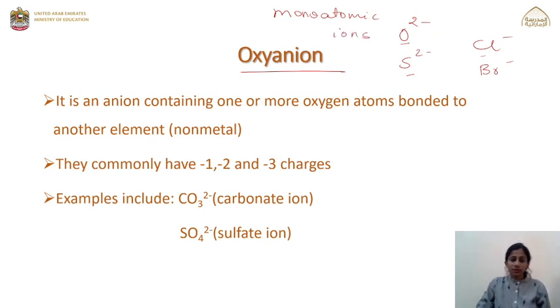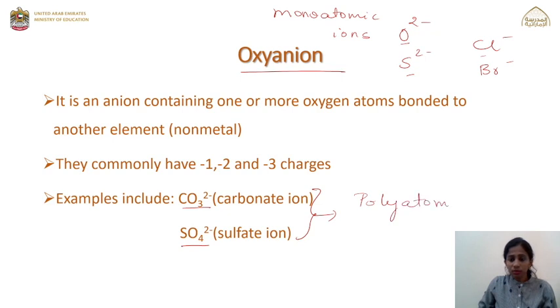Whereas if you see the ions which are included here, CO3 2-, SO4 2-, they are made up of more than one element. So these ions are polyatomic ions. So you should know the difference between the monoatomic ions and polyatomic ions.